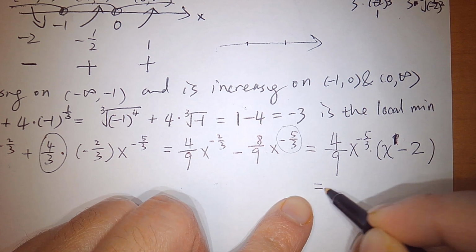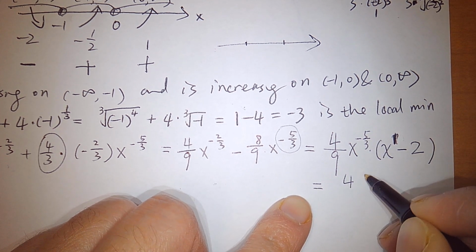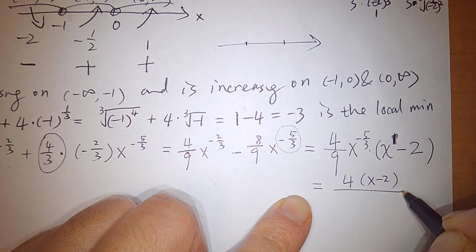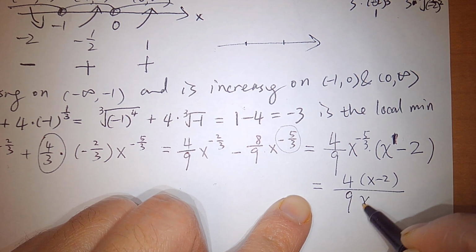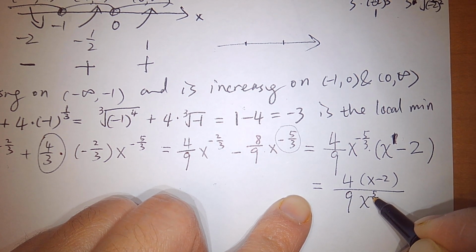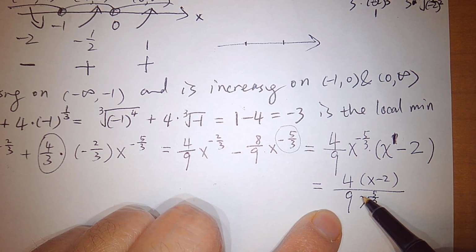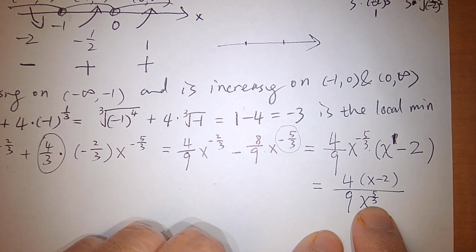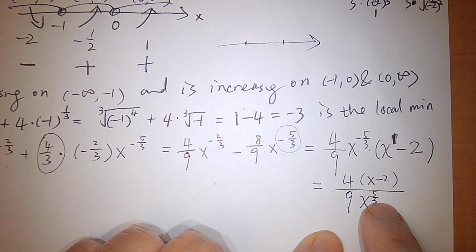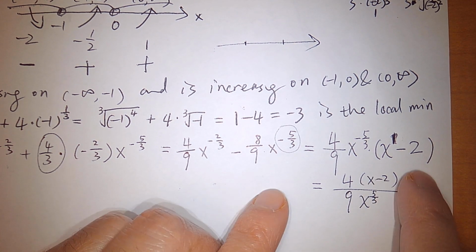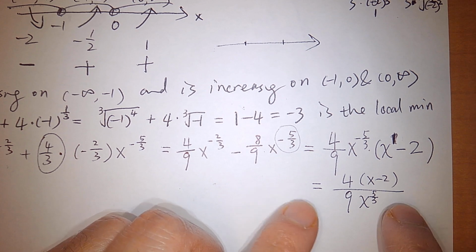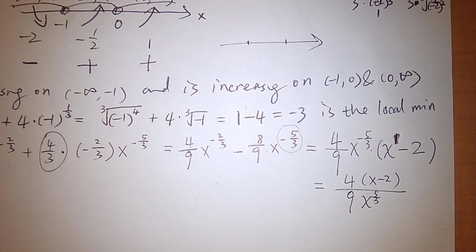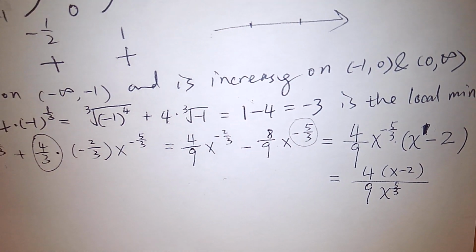I will rewrite this as 4 times x minus 2 divided by 9 times x to the positive 5/3. Or you can rewrite this as cube root of x to the 5th. Either way. Now there's no negative exponent. This looks very neat, right? Alright, now this is our C prime prime.